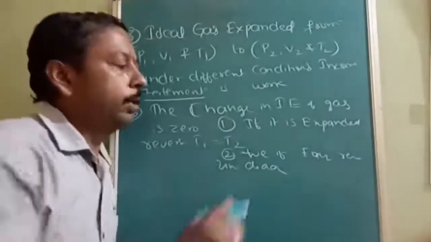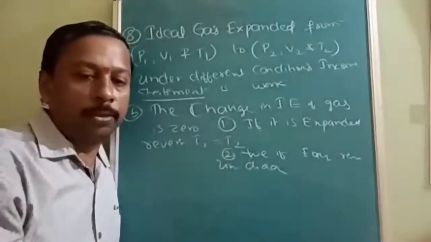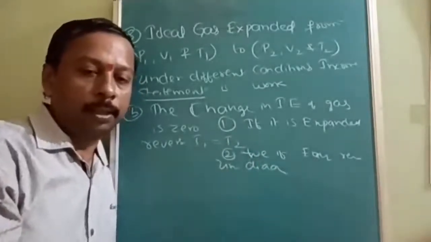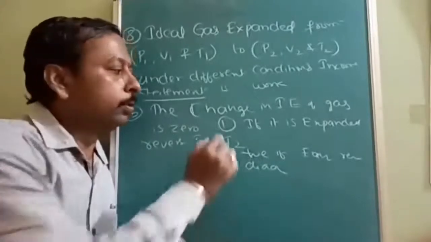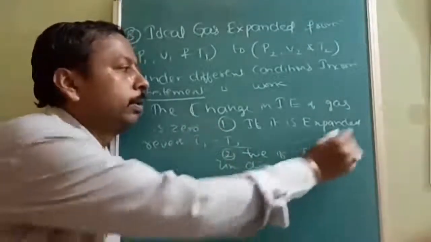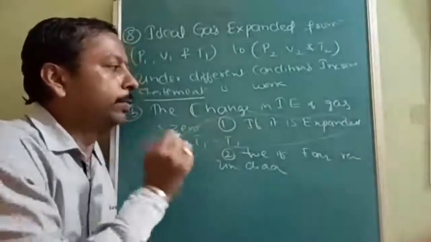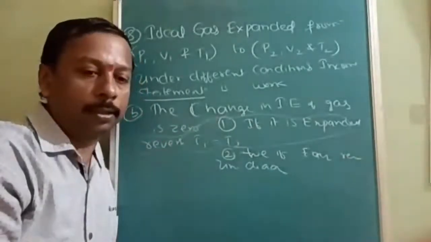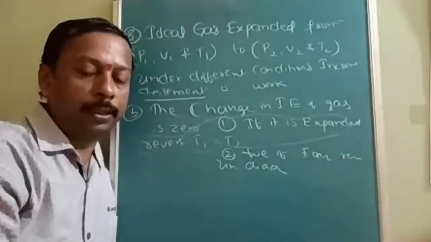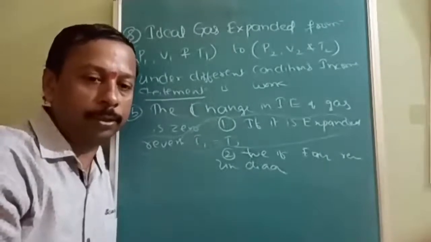Okay, so the change in internal energy for isothermal expansion is zero, but it cannot be zero for adiabatic. That's why this is wrong. So B option is incorrect. That's why we have to select the B option.